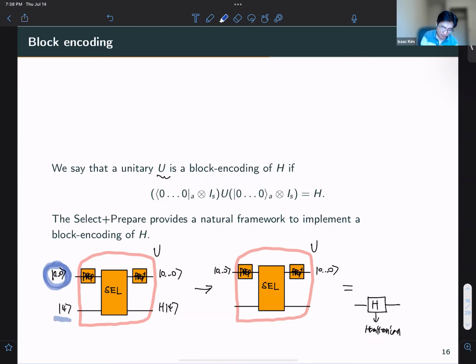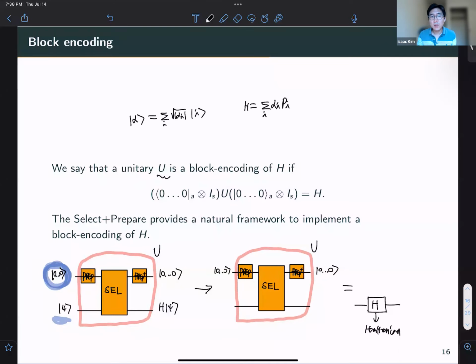Because the psi, that's the state of the system that you want to simulate. And this depends on the dimensionality of the alpha state. So what was alpha state? And that was basically determined by the number of non-zero terms in the Hamiltonian.